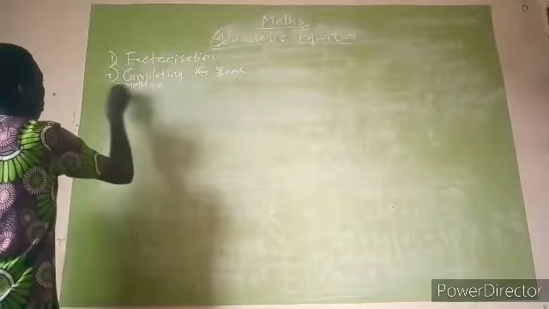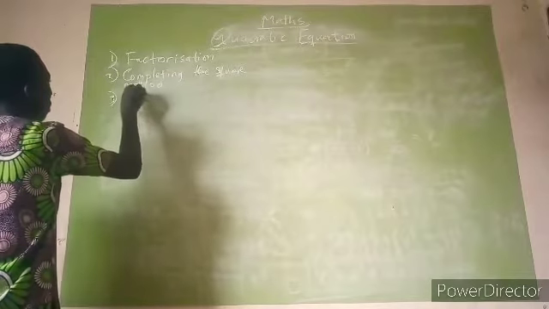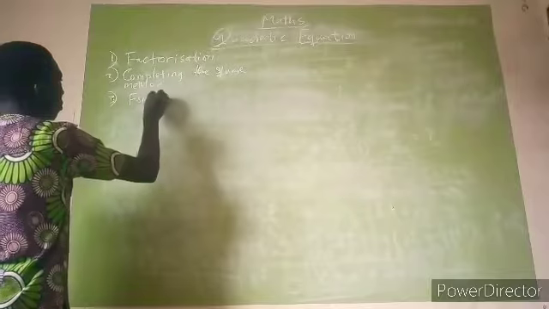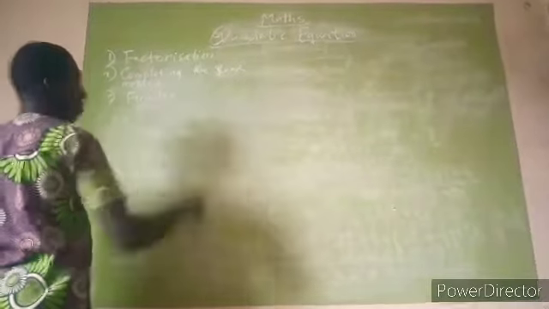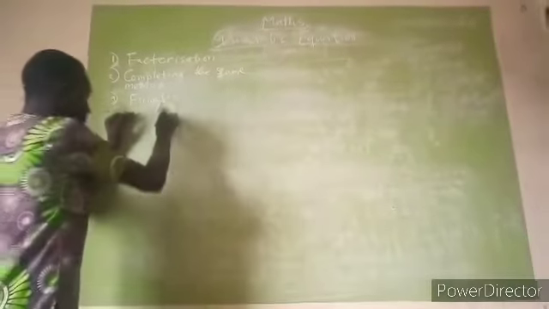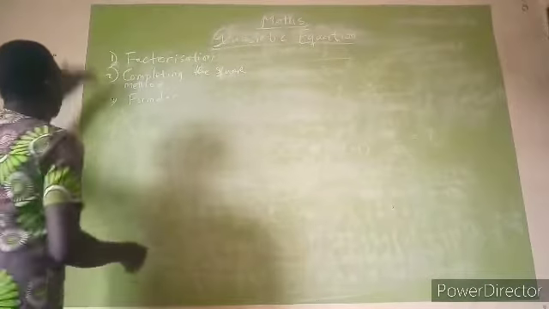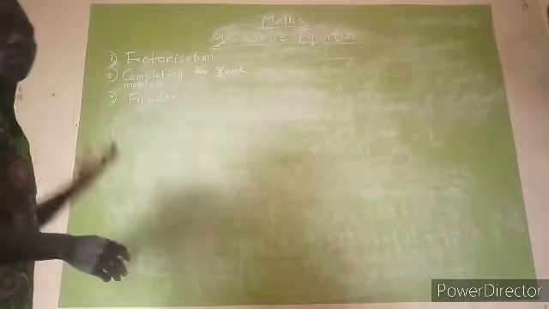And the third one is the formula method, also known as the quadratic formula. Some people call it the almighty formula, all the same. It's still talking about formula. Now, we shall discuss these one after the other.